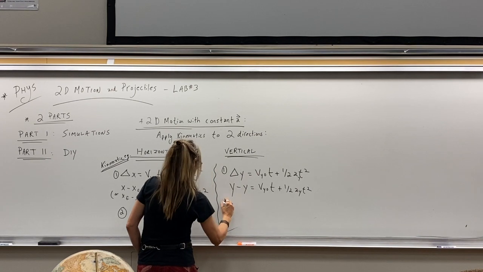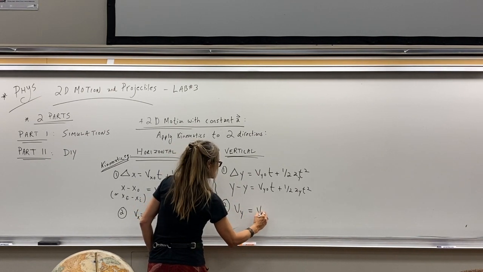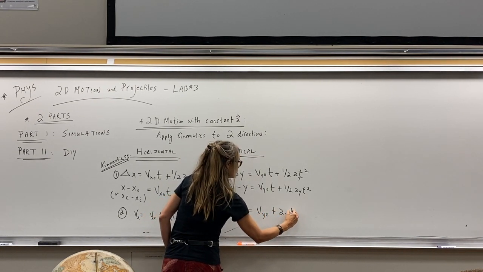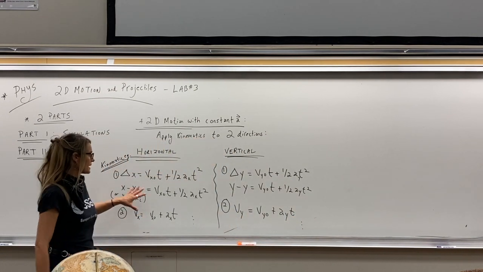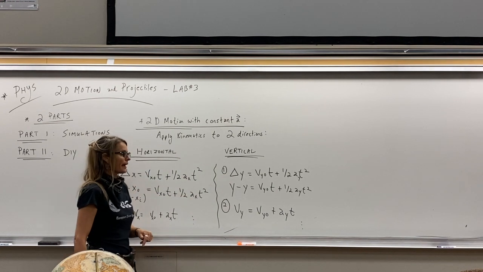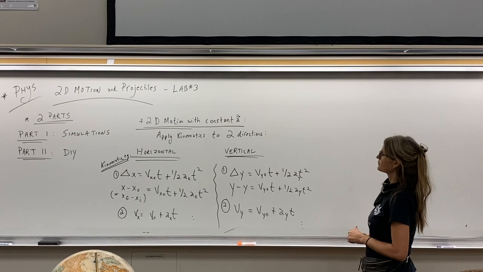And the second equation would be specific to just the y motion. Okay. So get as much information, put this all out in your problem, and then plug in your knowns and see what your unknowns are to solve the problem.